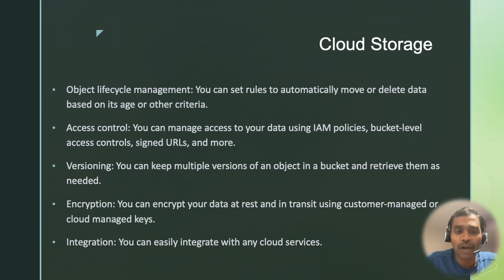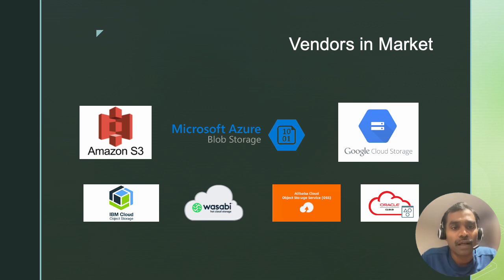Next, let's talk about who the pioneers in the market are. Everybody knows the three big pioneers: Amazon S3, Microsoft Azure Blob Storage, and Google GCS. Other than that, we have other vendors too: IBM Cloud, Wasabi, Alibaba, Oracle.